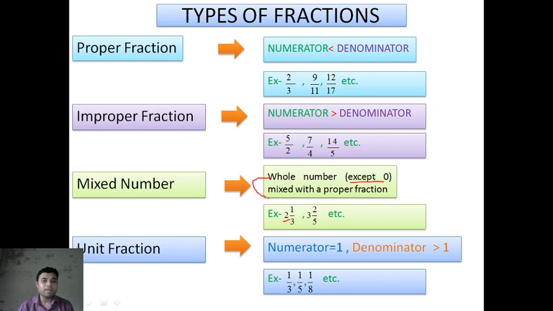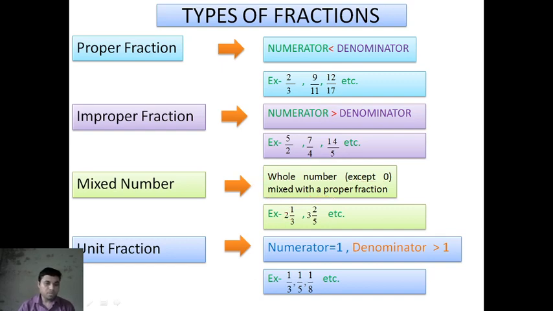And what is the proper fraction? Here 1/3 is the proper fraction. So please remember that a mixed number is a composition of a whole number and a proper fraction, not an improper fraction. Is it clear, my dear students?